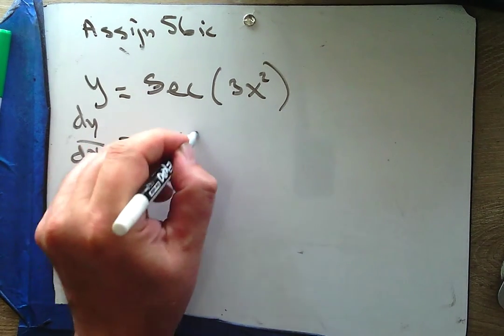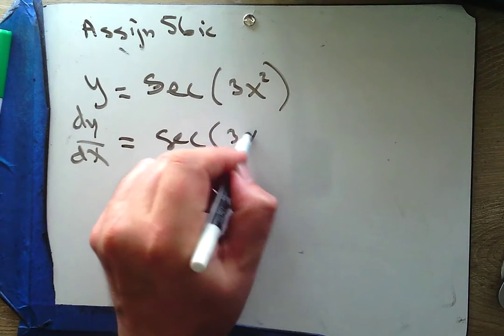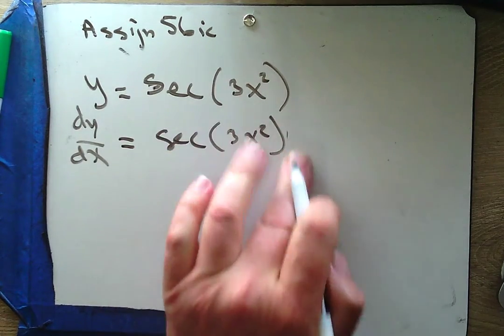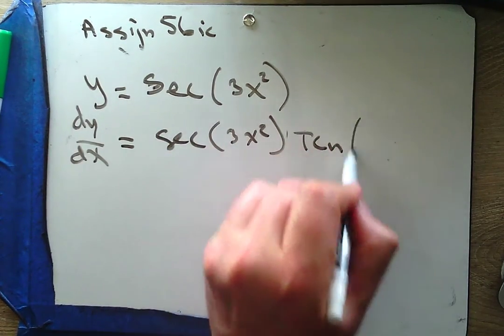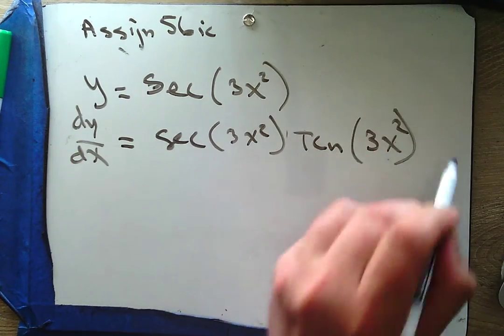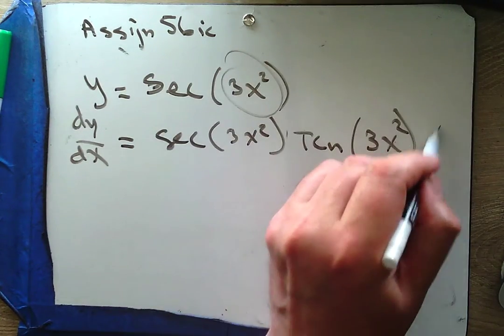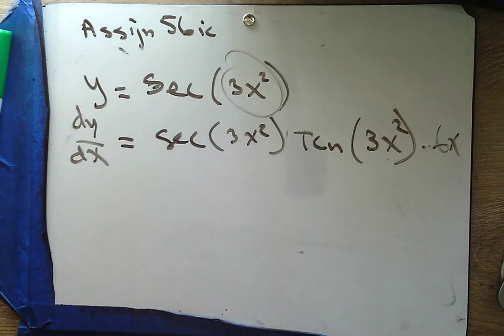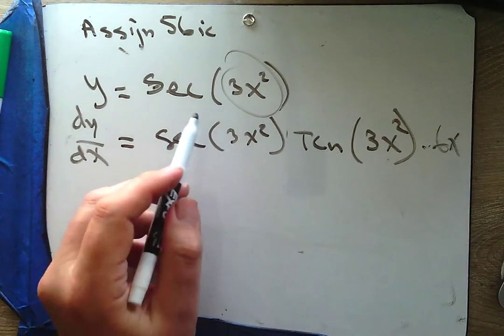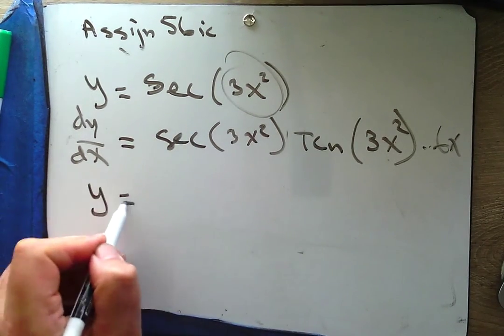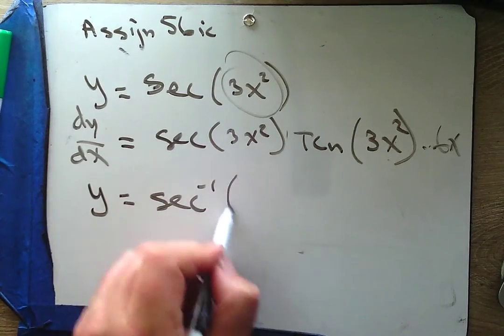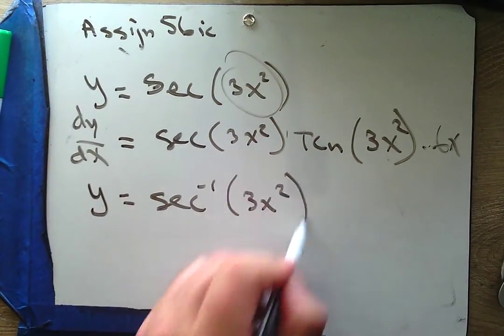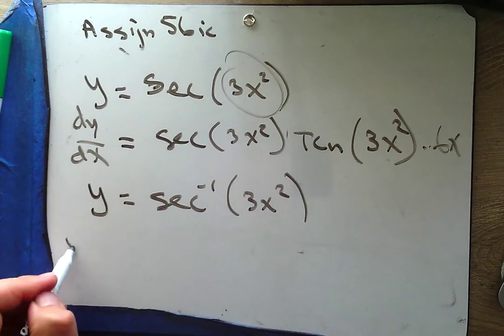Derivative of secant is secant tangent. And don't forget to take the derivative of that inside function. Oh, I didn't mean secant after all. I meant secant inverse. Will you please find the derivative of secant inverse?